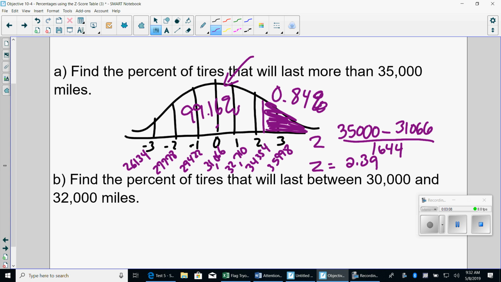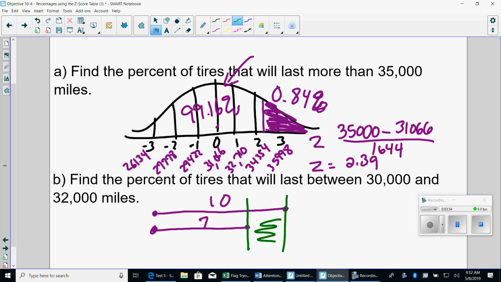But the question is how do you figure out the percent? So answer me this first. I'm going to put it in simple terms first. If you know from this point all the way over is 10. And you know from this point all the way over is 7. My question is, what if I wanted to know what was between the 2 points?